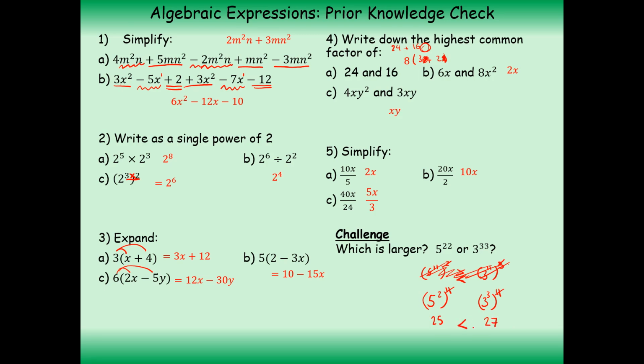Because 27 is bigger than 25, raising both sides to the power of 11 tells you that 27 to the power of 11 gives you the larger answer. Alright, so that was a trick question regarding index laws. Let's look at the first exercise in the next video.